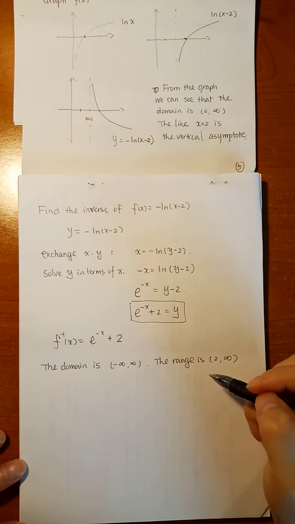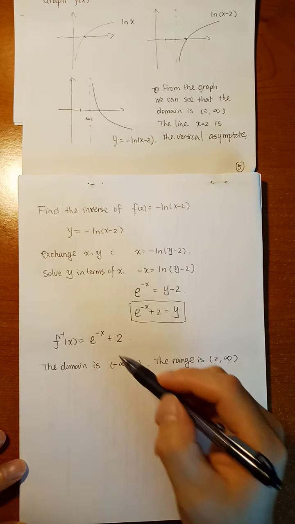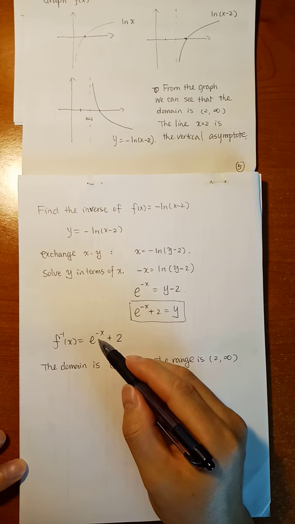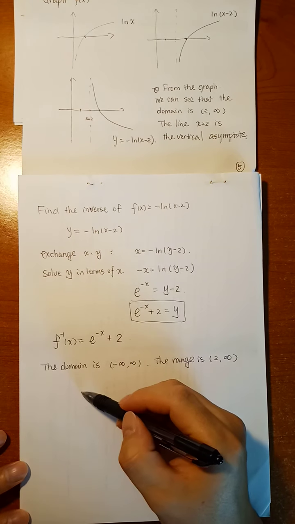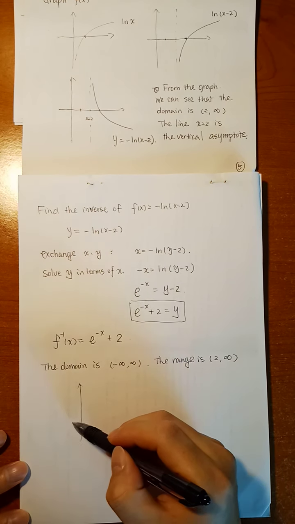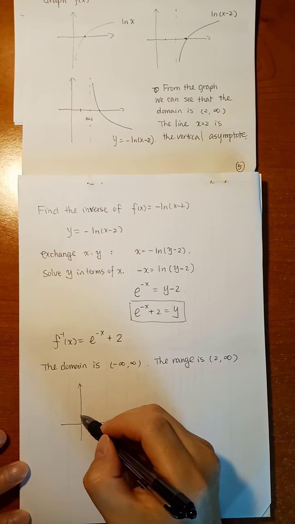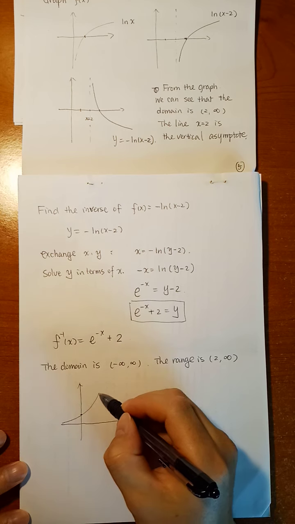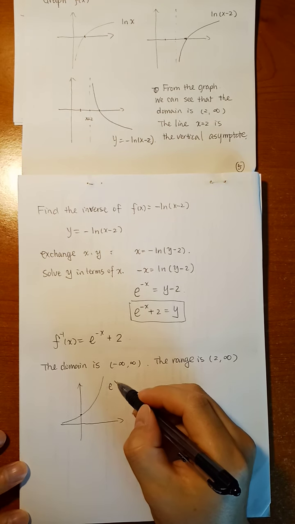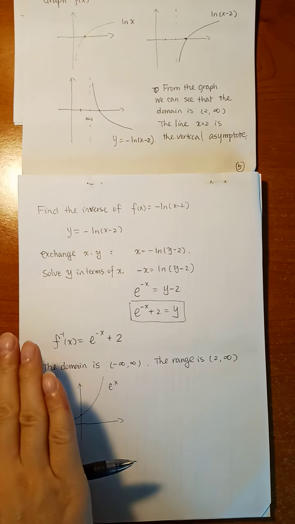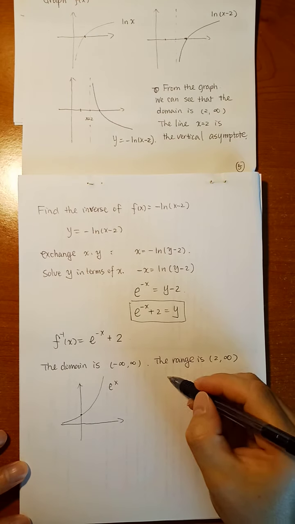And if you want to sketch the graph of the exponential function e to the negative x plus 2, let's try it. The original exponential function is this way: it's e to the x. For e to the negative x, you reflect it about the y-axis.